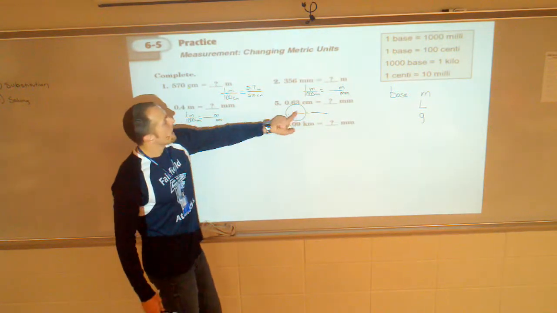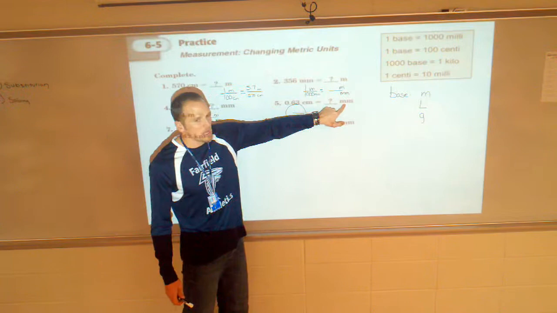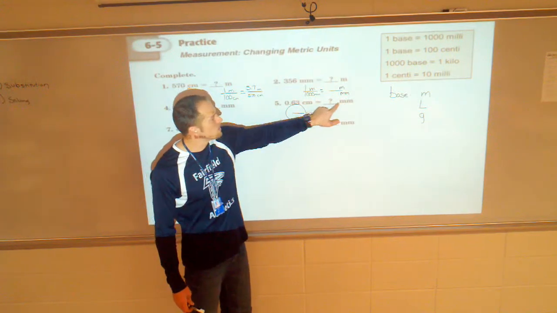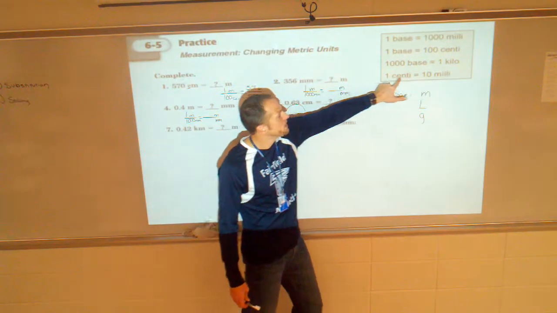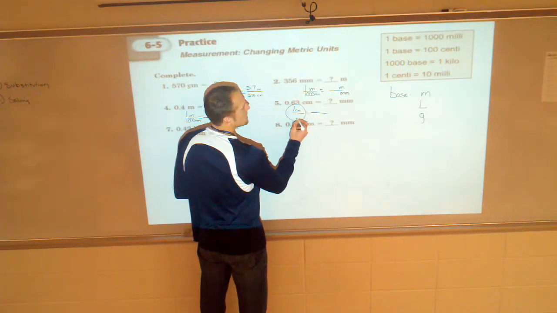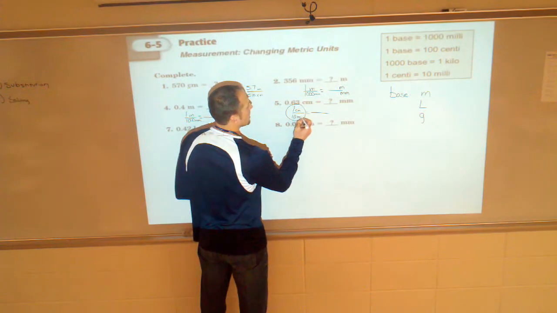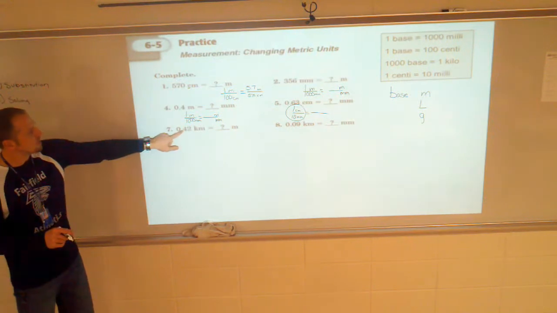I am converting between centi and milli, centimeters and millimeters. So, right here, this is the one that I'm using. 1 centi is equal to 10 milli. Let's do this one.